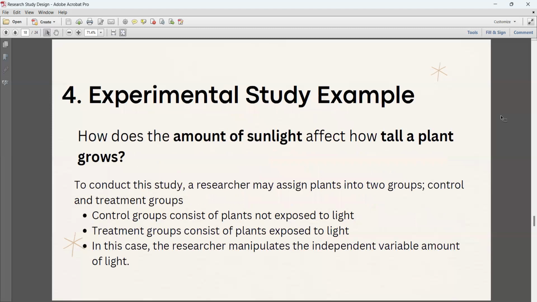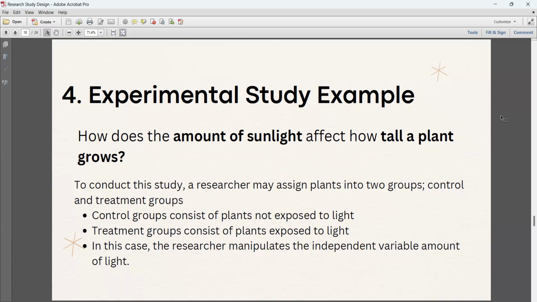So let me give you an example of an experimental study. For instance, our research question: how does the amount of sunlight affect how tall a plant grows? To conduct this study, a researcher may assign plants into two groups, control and treatment groups.